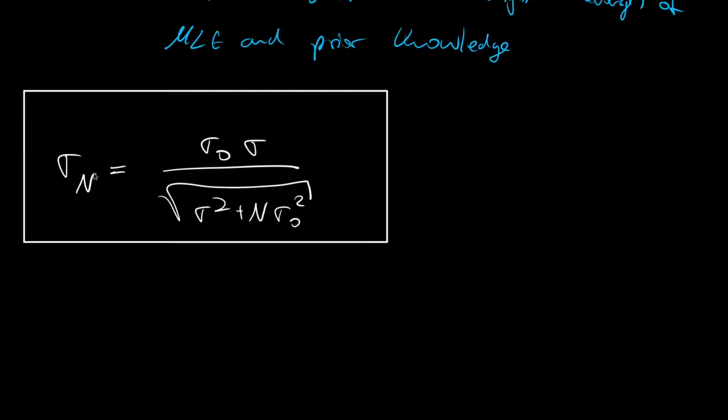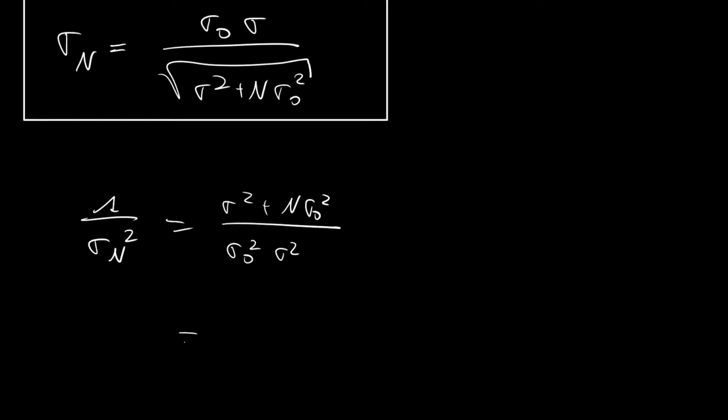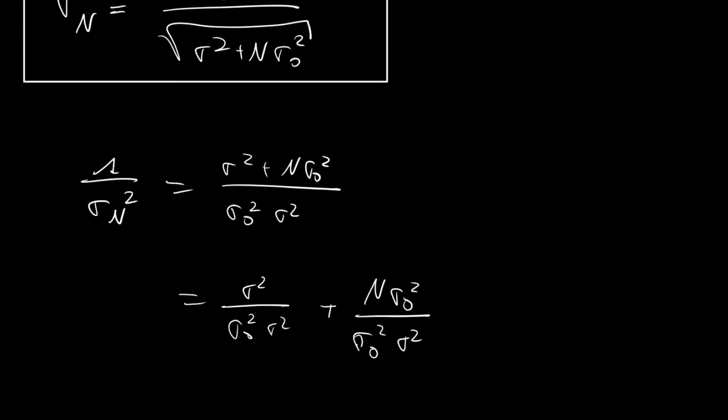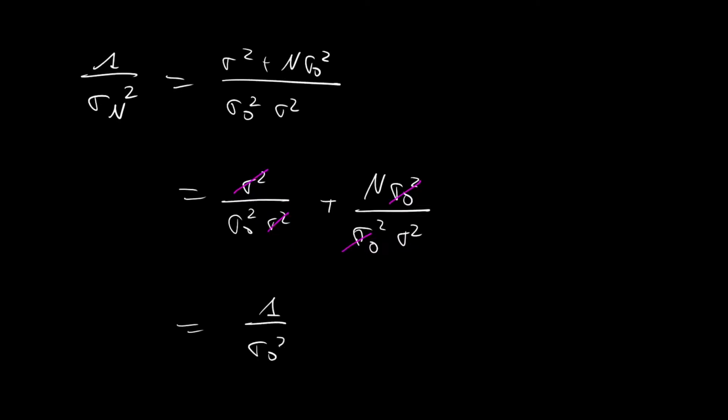If we take the inverse again and square it, then we have 1 over sigma n squared is, well, sigma squared plus n sigma 0 squared over sigma 0 squared sigma squared, and we can break out the summation here too, and then we would have sigma squared over sigma 0 squared sigma squared plus n sigma 0 squared over sigma 0 squared sigma squared, a lot of sigmas here, and then the sigma cancels, and the sigma 0 squared cancels too, and we have 1 over sigma 0 squared plus n over sigma squared.